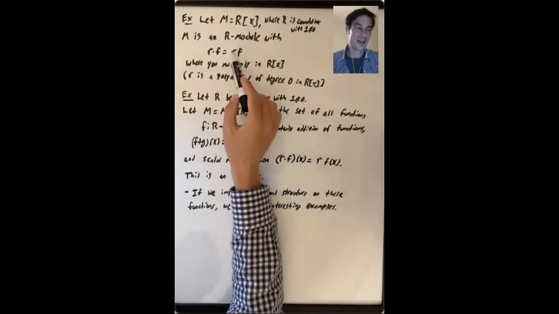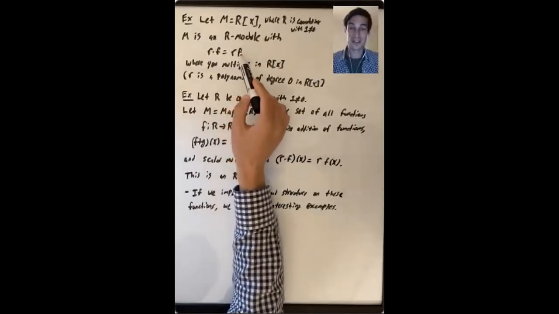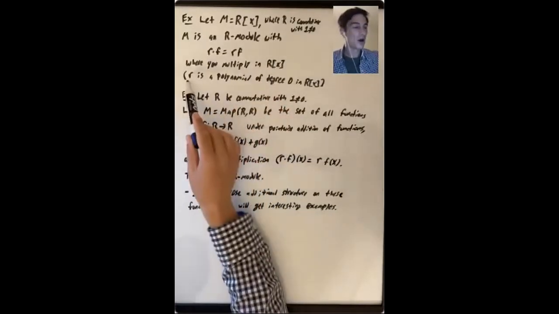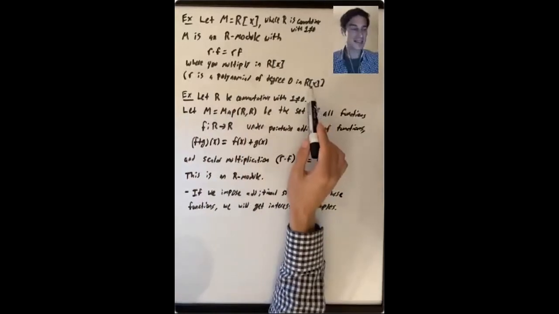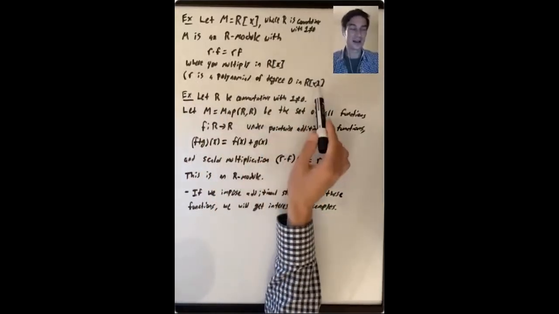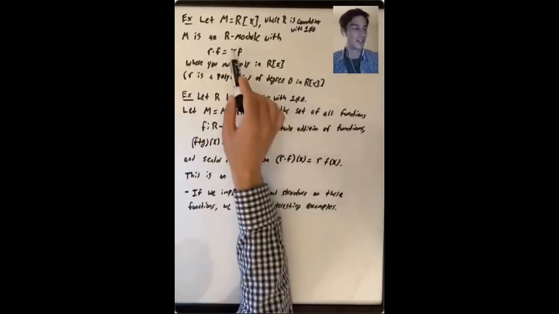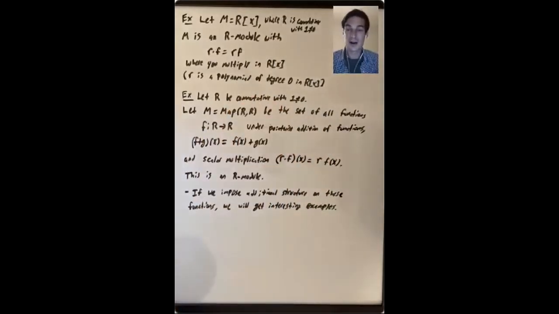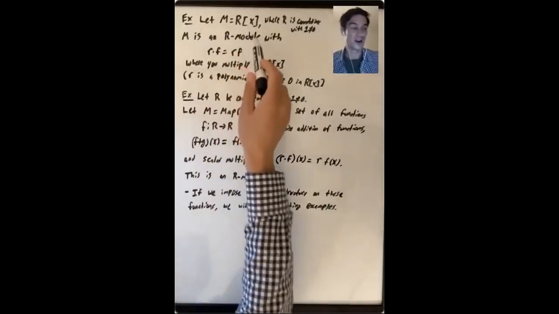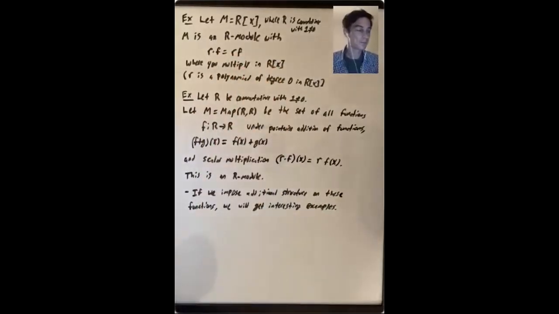How are we multiplying an element of R and an element of R[x]? Well, r is an element in R[x]. It's a polynomial of degree 0 in R[x]. So we'll just take this multiplication in R[x]. It's straightforward to check that M really is an R module here, and you should check that.